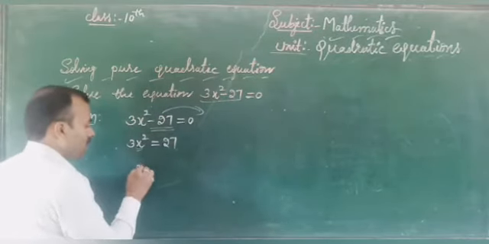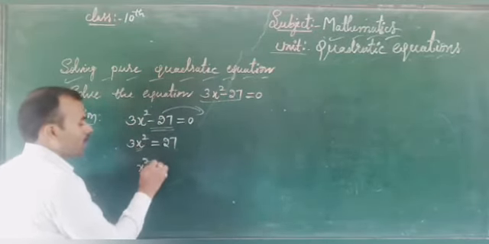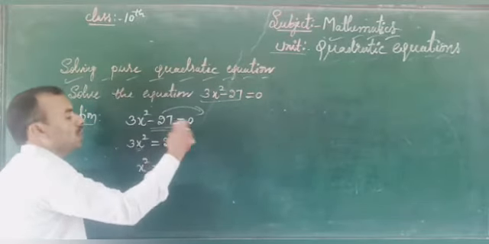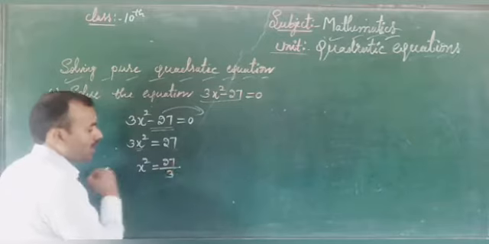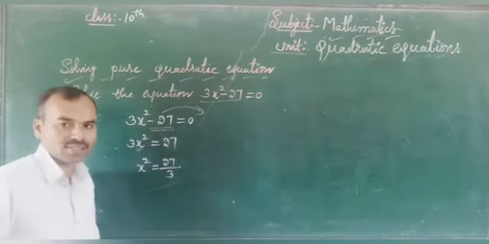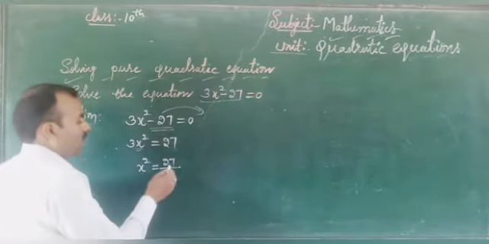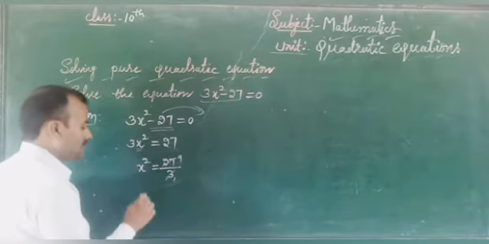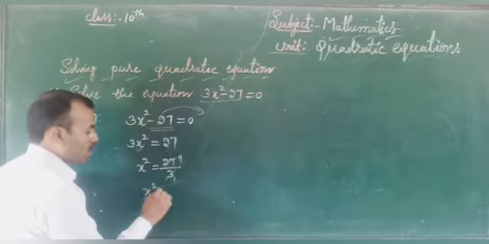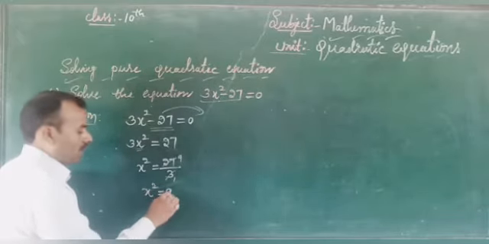Here 3 is multiplied with x square, so transpose 3 into the RHS, it is written in the denominator of the RHS. Here 27 by 3, 3 nines are 27. x square equals 9.